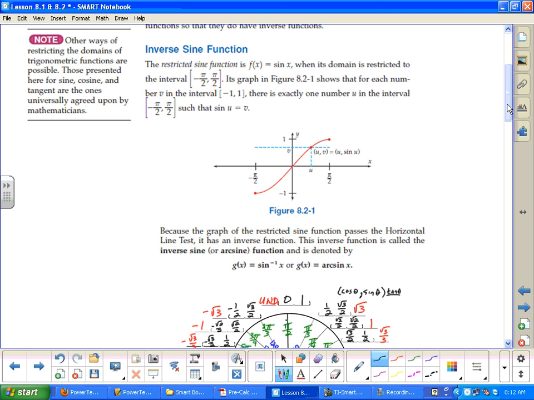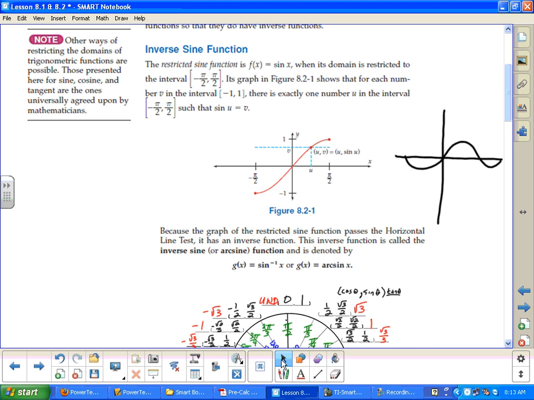The reason is, if we kept going, what would happen? Let's think about the graph of sine, and so on. If I did the reflection of that over the line y equals x, if I switched x and y, then this graph would look like this.